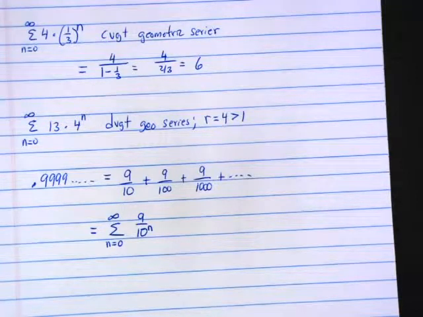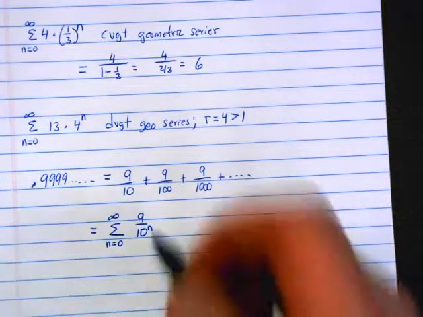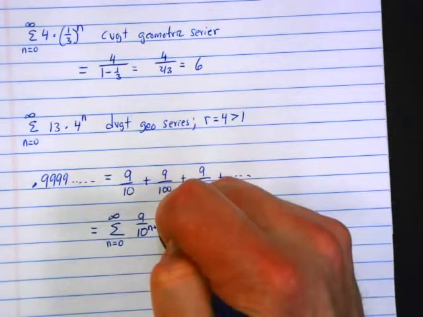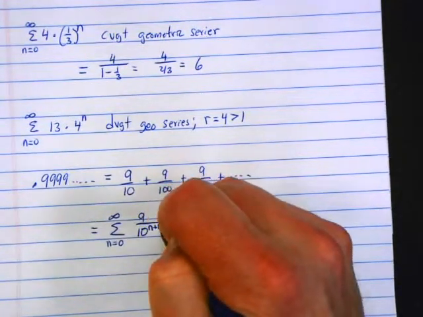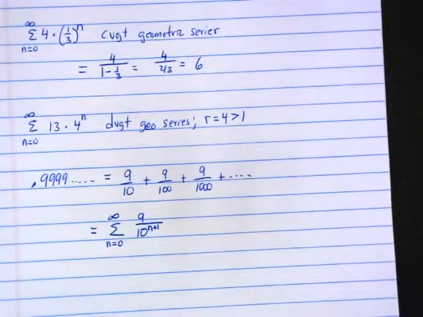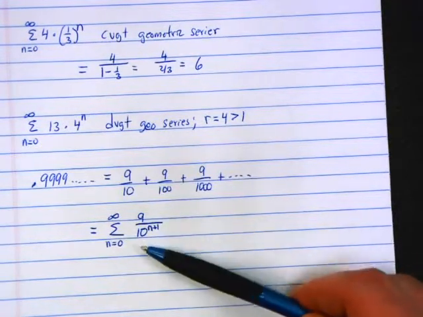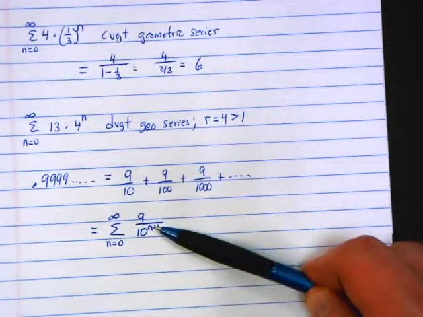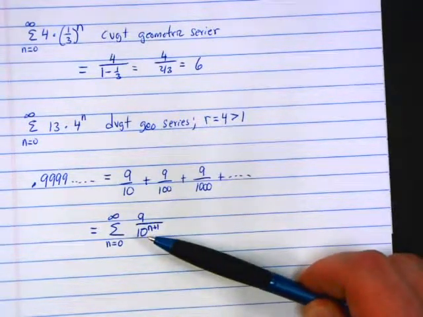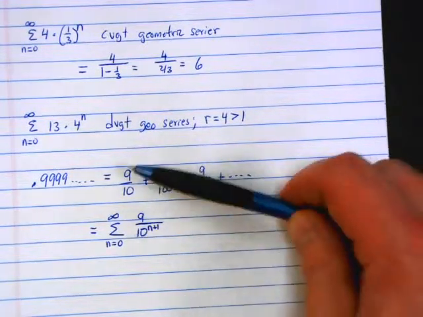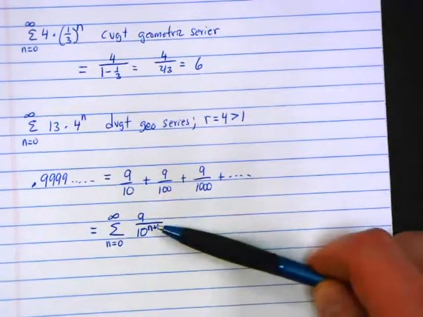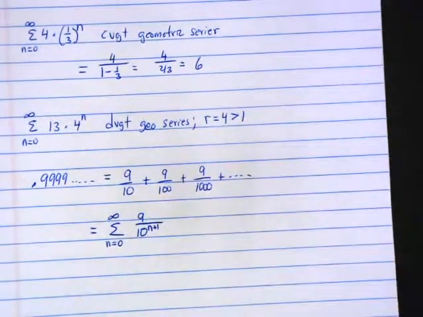That's almost right. n plus 1. Why n plus 1? Well, if I were to plug 0 in, I would have 9 over 10 to the 0. 10 to the 0 would be 1, so that would just be 9 over 1. That would be 9. Our first one is 9 over 10, so when I plug 0 in, I need n plus 1.